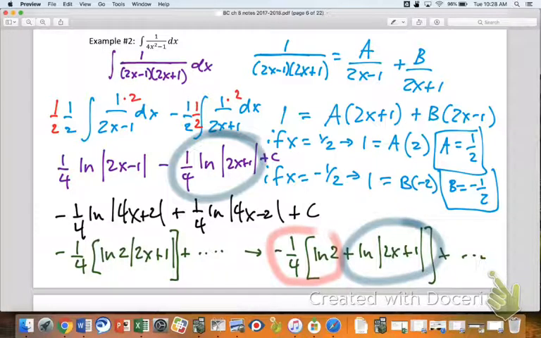Anybody else? Questions, concerns? Josiah? When you break it down and you have the 1 over 2x minus 1 times 2x plus 1 is equal to a over 2x, is it okay to just skip that step and go straight down by what you did here, which is multiply across? Is it okay to start here? Yeah.